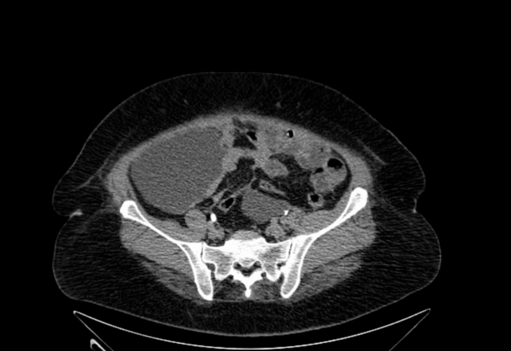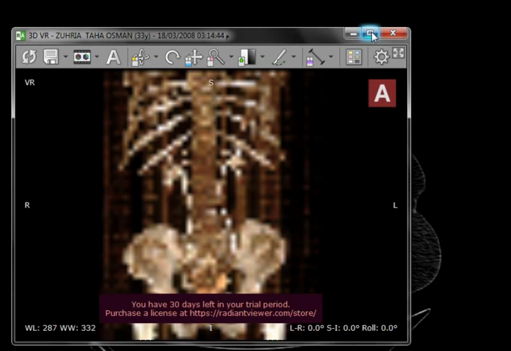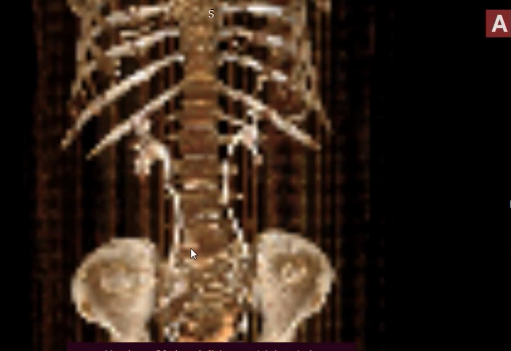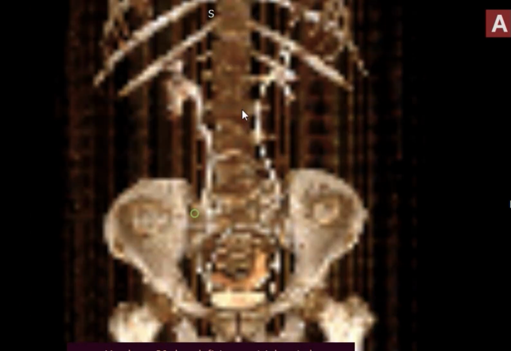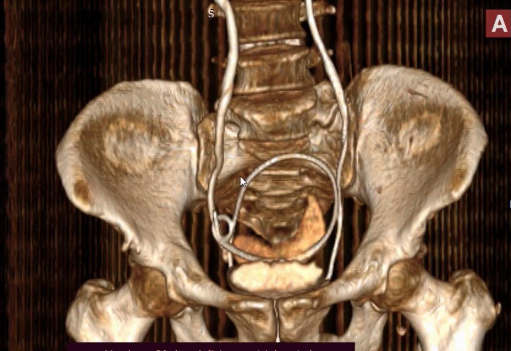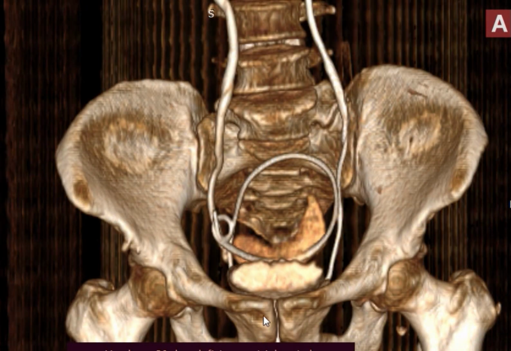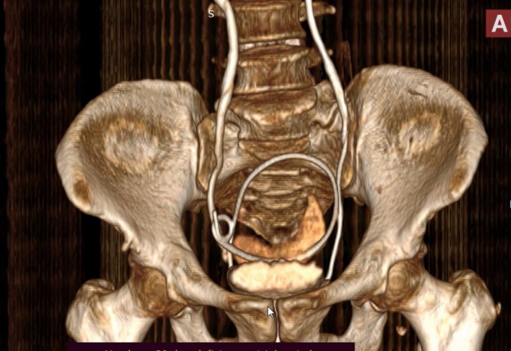Okay? This one. Let's see here. See? This double J, how do they insert the double J? Retrograde. They go from the bladder, they put it up to the kidney. So the surgeon, on the left side, put it to the kidney, everything is okay.